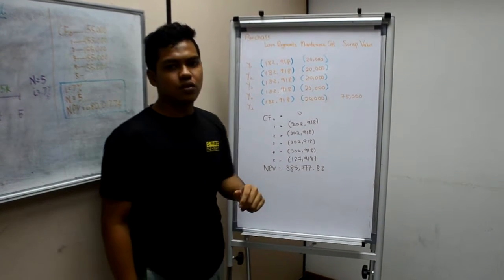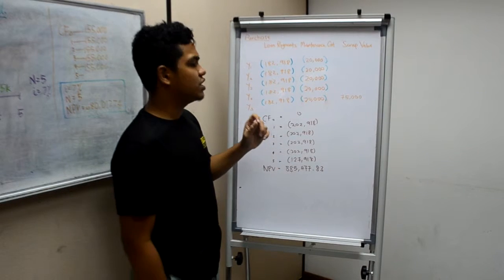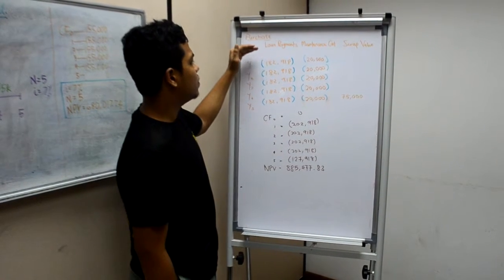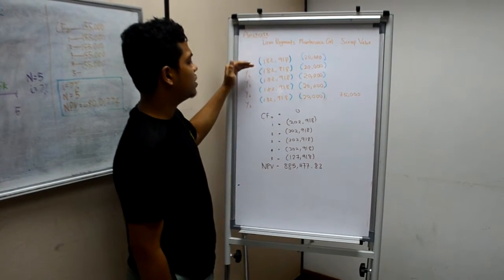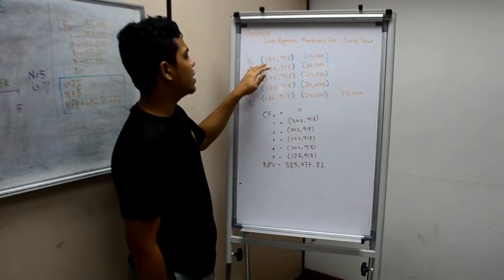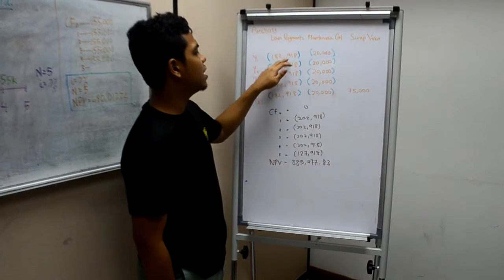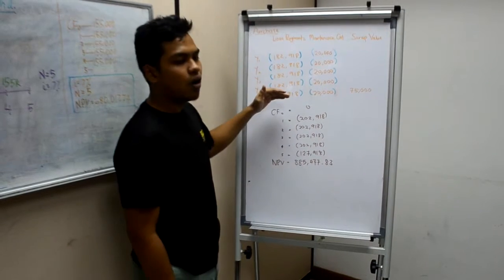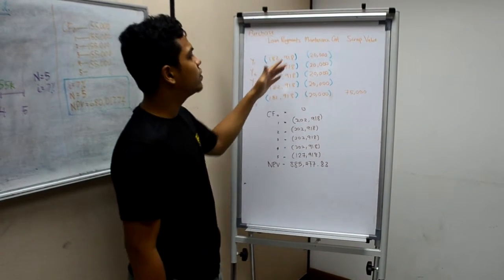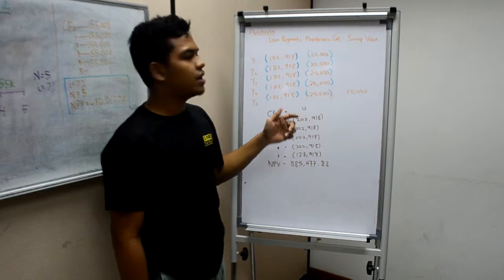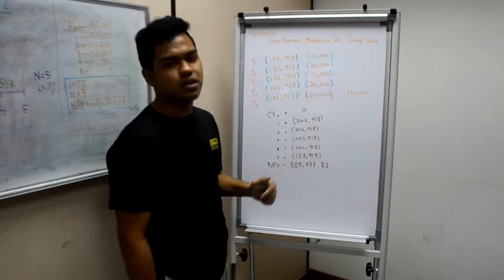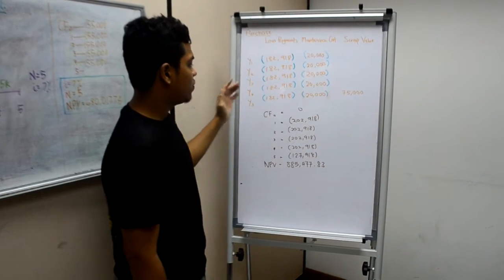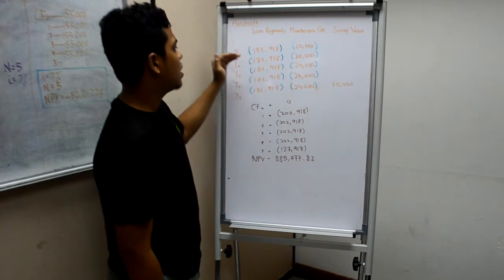There is no year 0 because there is no initial investment within it. Therefore, we calculate using the calculator, and we get 182,980. This consists of the capital and interest itself. The maintenance cost is directly taken from the question, which is 20,000. So overall, we just total up.